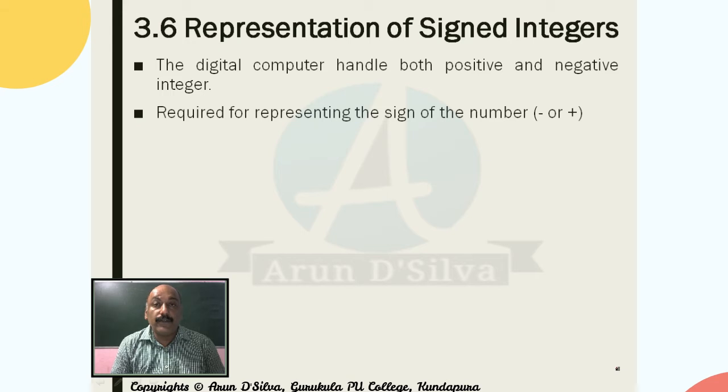We make use of these two symbols to specify which type the number belongs to. Is it positive? Is it negative? Looking at the symbol, we will come to know whether the number is positive or negative. If a hyphen symbol comes, then we say it's a negative number. If a plus symbol comes, then we call it a positive number.